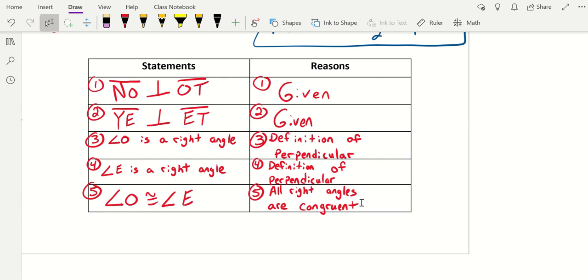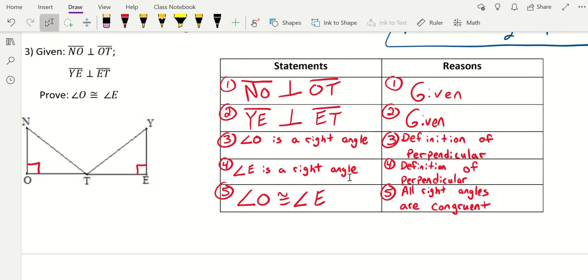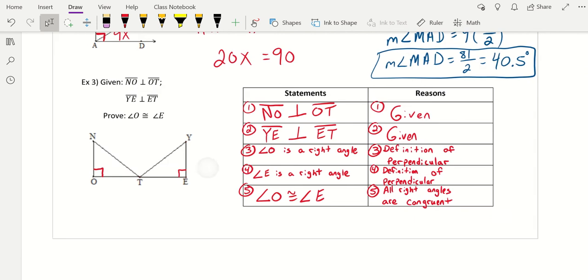All right angles are congruent, that is going to show up. So what did we do? We showed that NO is perpendicular to OT. We showed that YE is perpendicular to ET. That was given to us. If NO and OT are perpendicular, then O has to be a right angle. If YE and ET are perpendicular, then E has to be a right angle. And all right angles are congruent, so angle O is congruent to angle E. That is how you work that proof.